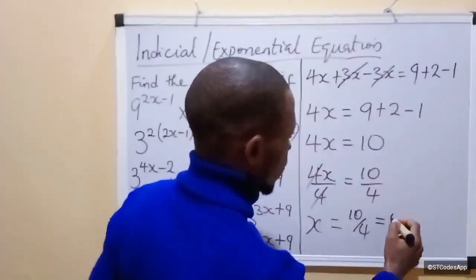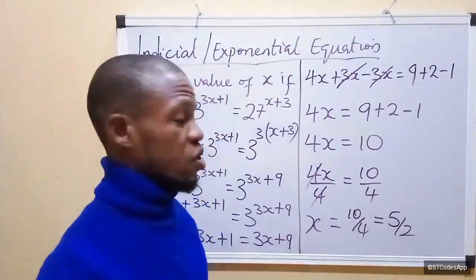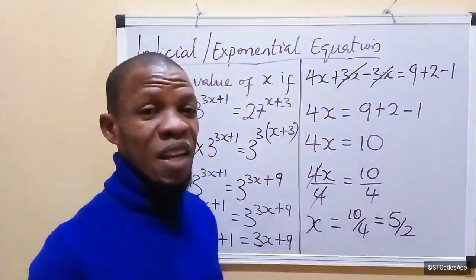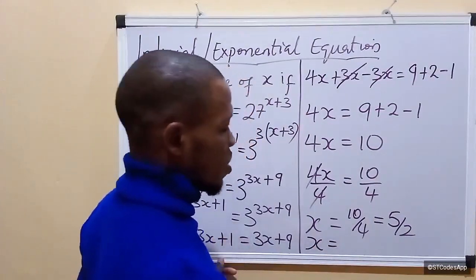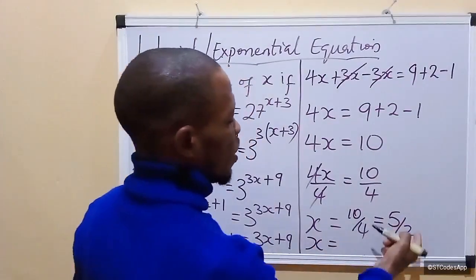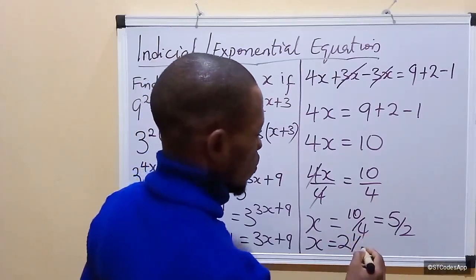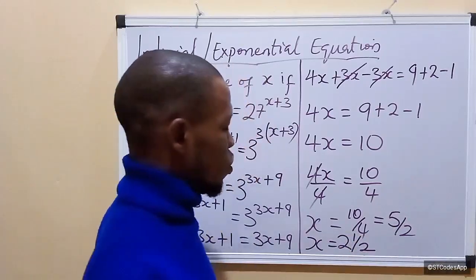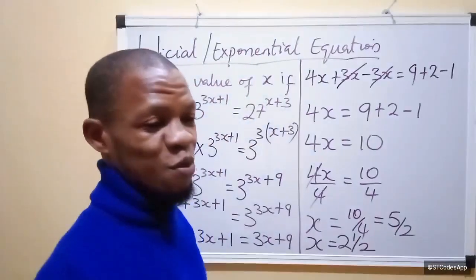This is going to give us 5 all over 2. Then this is an improper fraction. I'm not going to leave it this way because it's not allowed. So I'm going to simply convert it to a mixed fraction. 2 into 5 gives us 2, remainder 1, all over 2. So finally we have x is equal to 2.5.